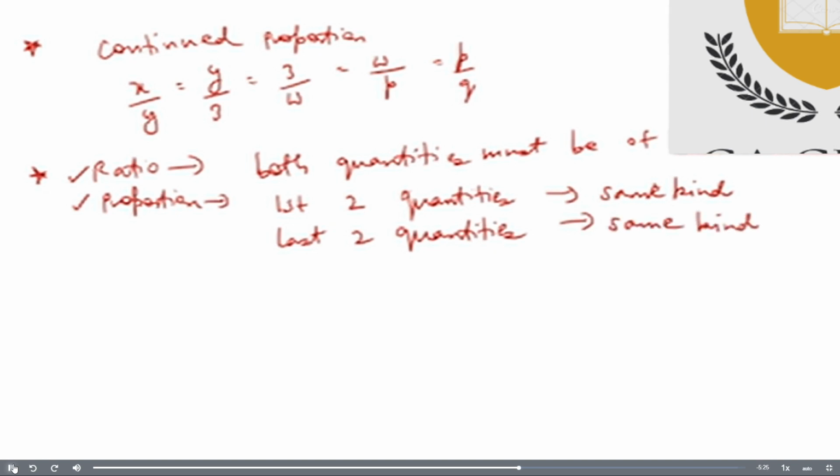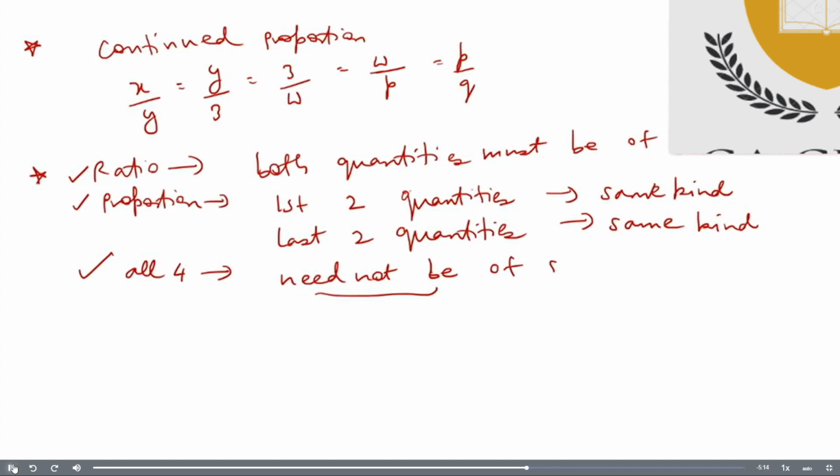Okay, all four need not be of the same type.